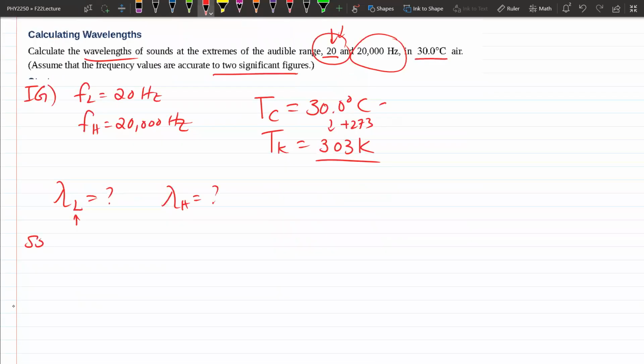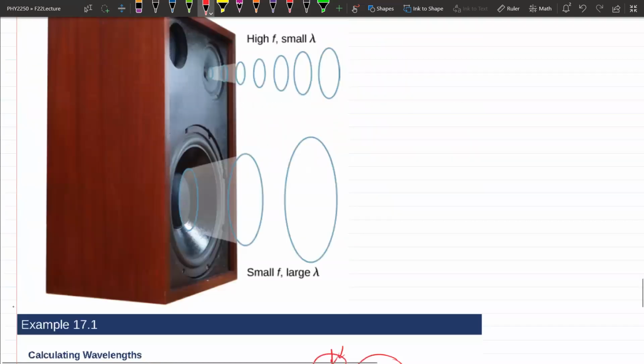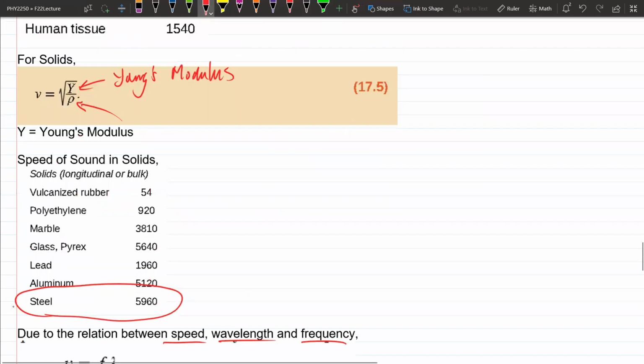So the solution is that we know the speed of sound is always the wavelength times the frequency. So we can solve this for the wavelength in general, which is the speed divided by the frequency. This we know, but we don't know what the speed of sound is at this particular temperature. This is where this little equation up here comes in useful.